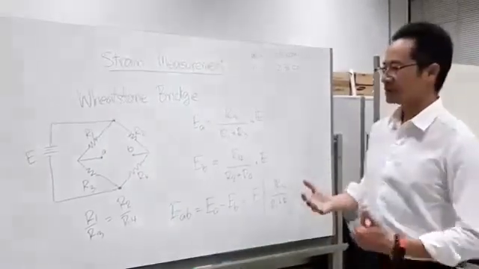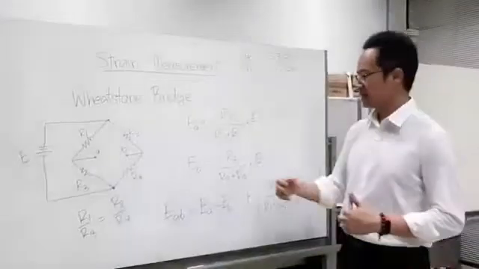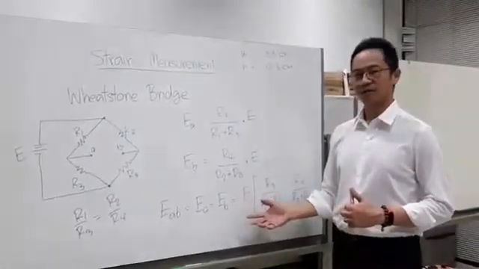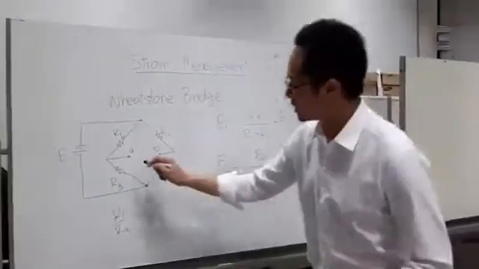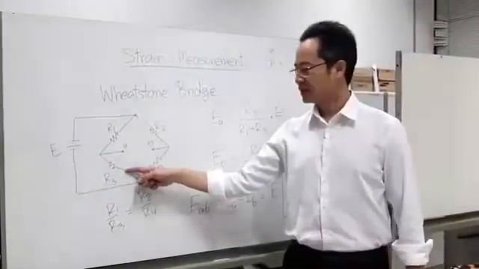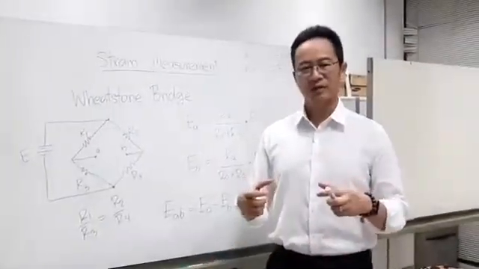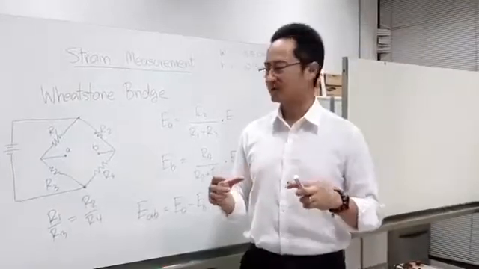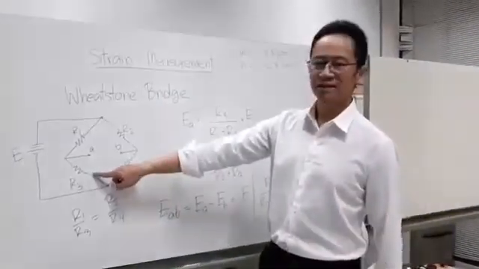So if the ratio of the resistance is balanced, the output voltage will be 0. And what happens in my strain gauge example? The strain gauge is used to measure the output from the deformation of the material. If my material is deformed, the resistance is changed.